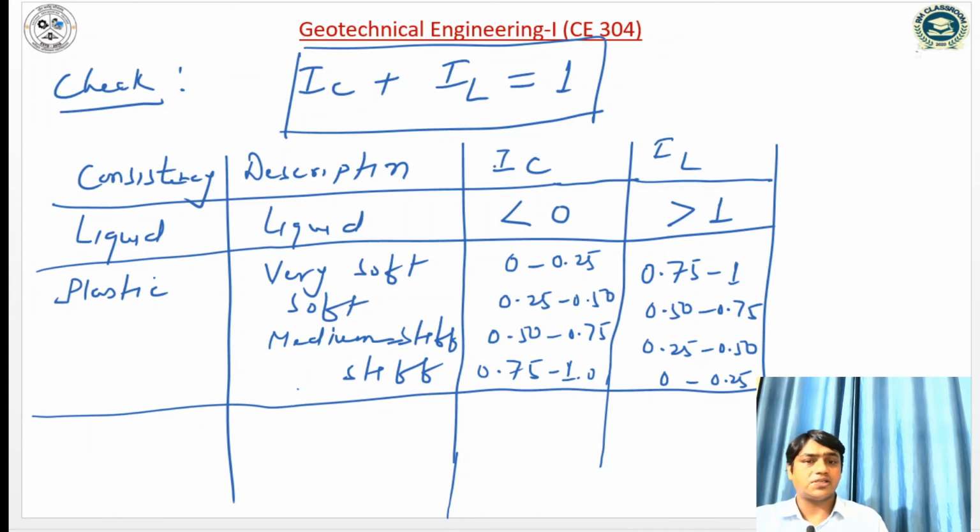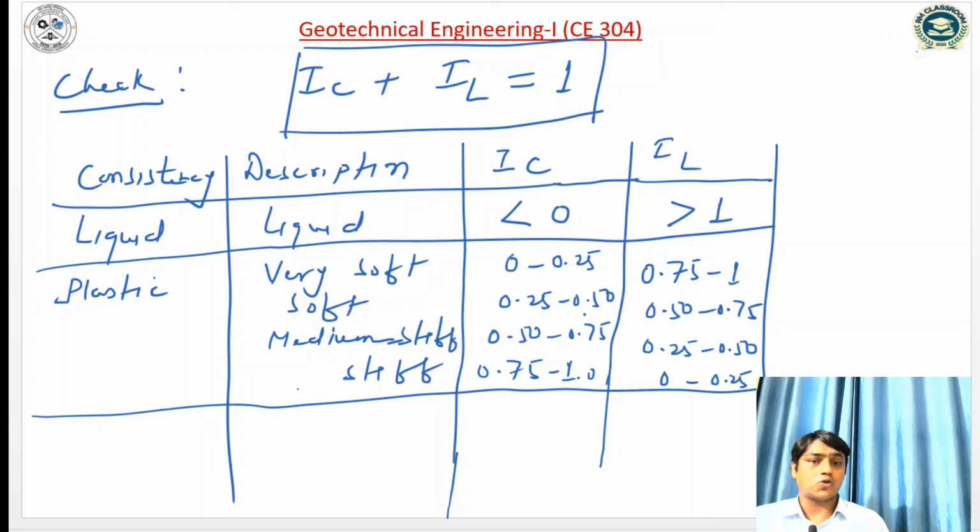In case of liquid state, the consistency index value is less than 0 and the value of liquidity index is greater than unity. When the consistency is plastic, there are 4 categories: very soft, soft, medium stiff and stiff. In case of very soft, our consistency index value lies between 0 to 0.25 and liquidity index lies between 0.75 to 1.